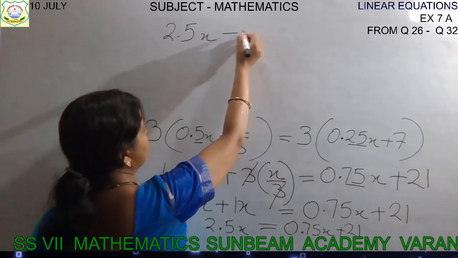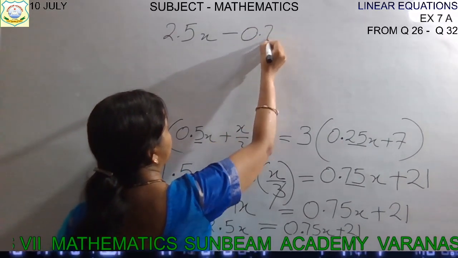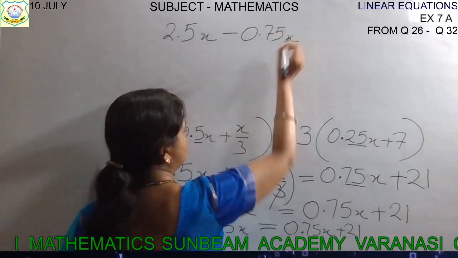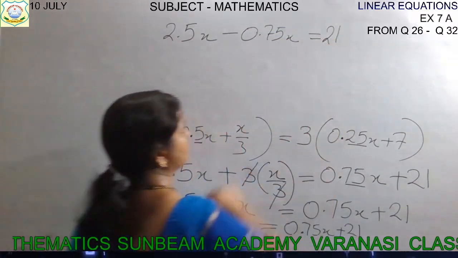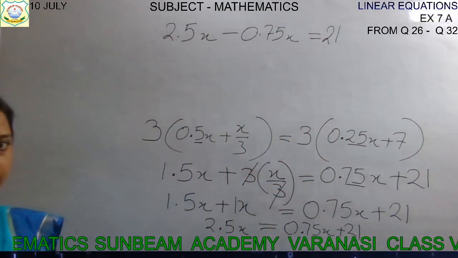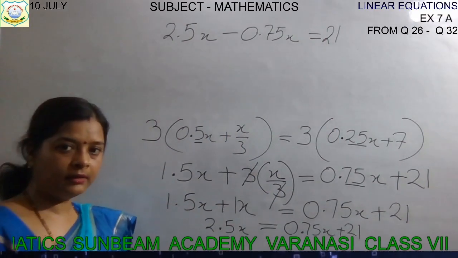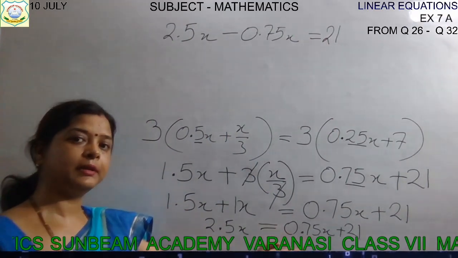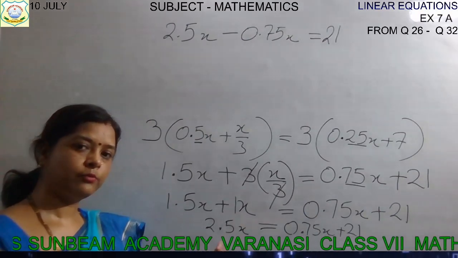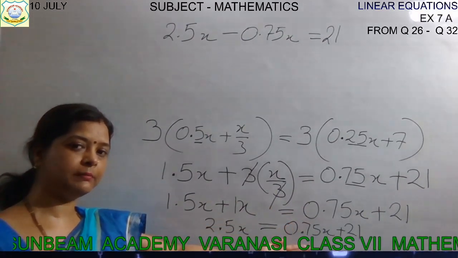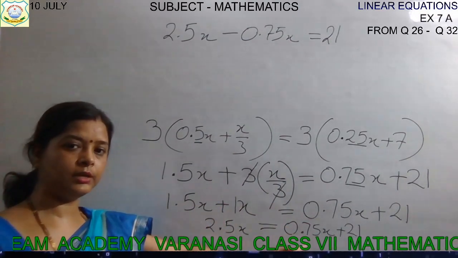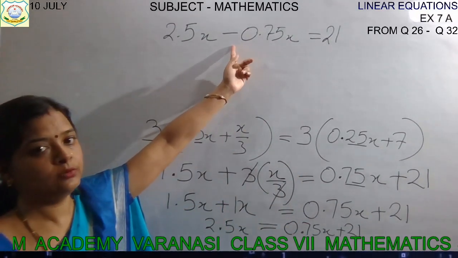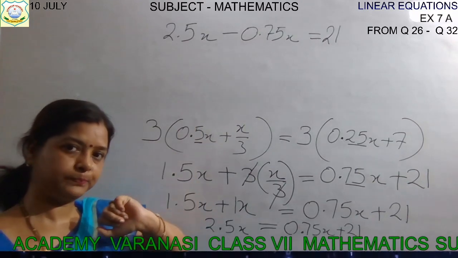So subtract it. 0.75x, equal to 21. This is what is left now. I have segregated the variable term on one side. From that side we have picked the variable term 0.75 to the LHS. There it is positive. When it comes to the LHS, it will become negative.